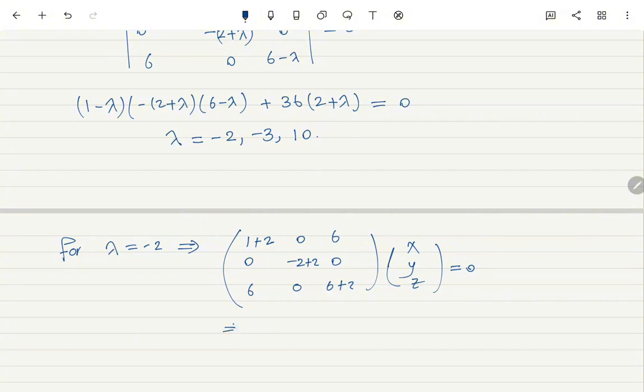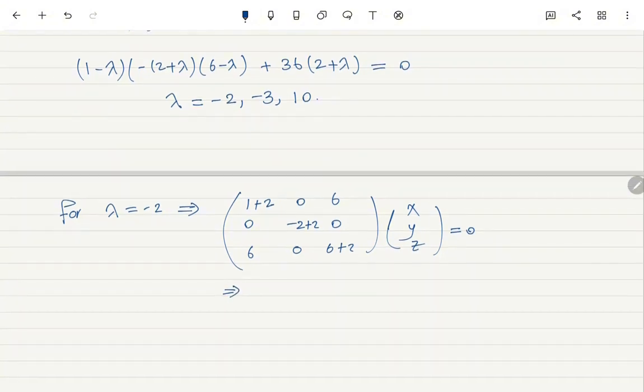You will get from this one here 3x plus 6z equal to 0, 6x plus 8z equal to 0.